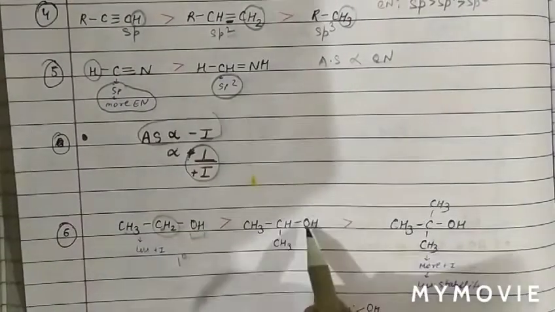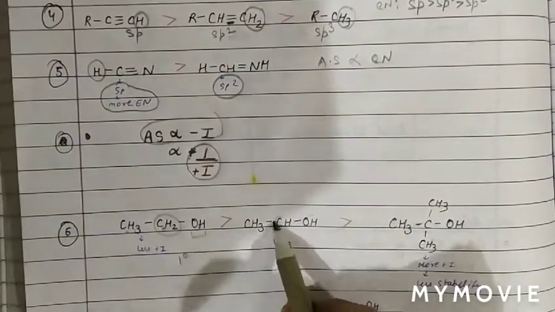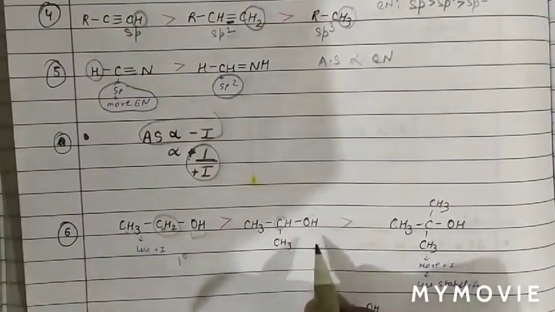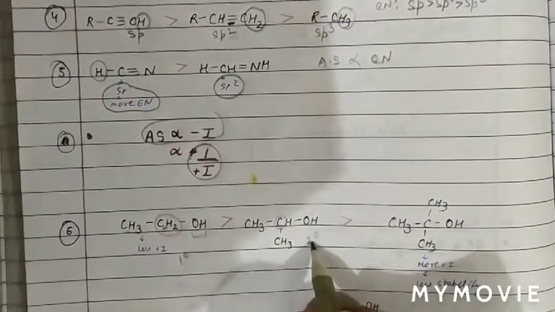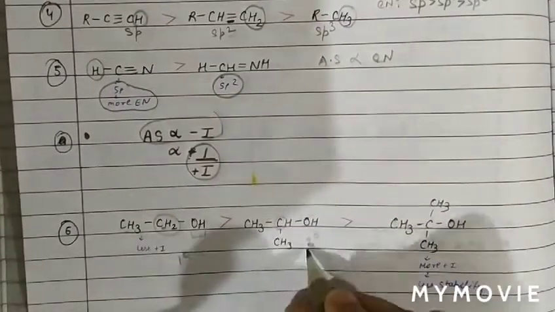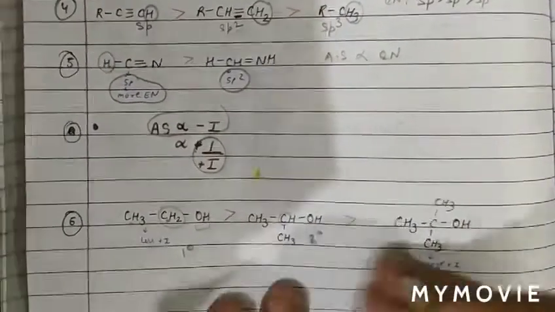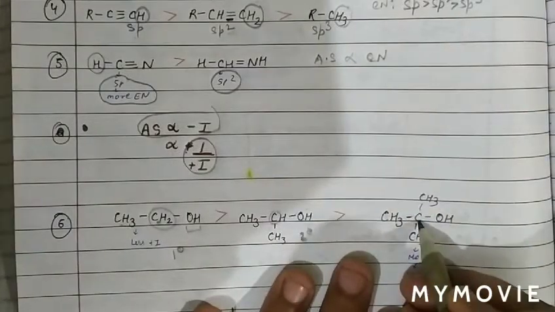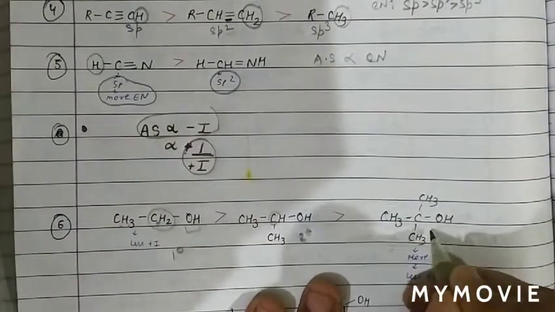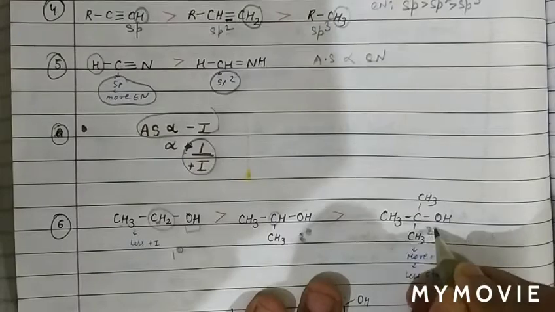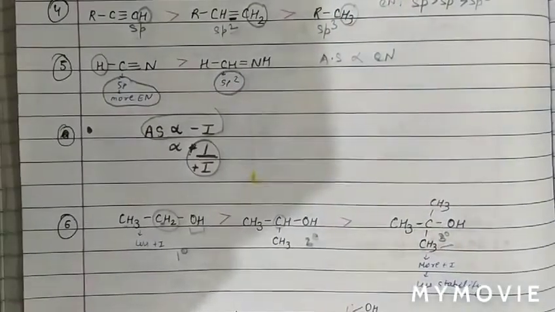Now the functional group is attached to this carbon atom, which has 2 neighbors, therefore it is 2 degree alcohol. And this functional group is attached to a carbon attached to 3 carbon atoms, therefore it is a 3 degree carbon atom.